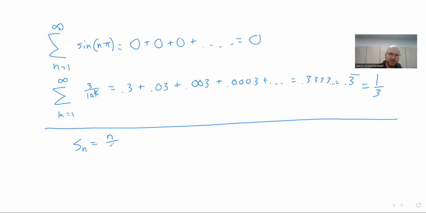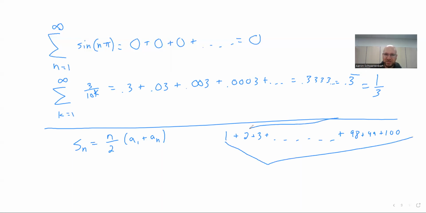What he did was a little trick here. And this is the formula that essentially runs that trick. So what he did was essentially what I did on the first one. He paired things together.